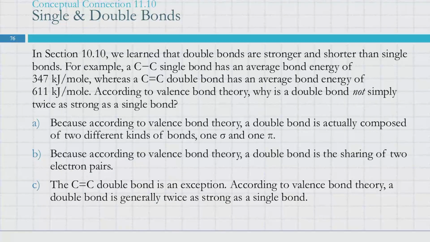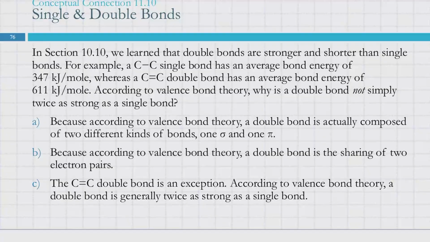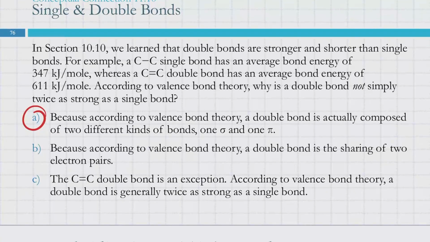That's going to be the pi bond. That's our sideways overlap, and that's not as good an overlap, and so it's weaker than our other type. And so the reason that it's weaker than just double the strength is because we've got the sigma, that's the end-to-end overlap. Sigma can also be thought of as formed between s orbitals, and pi bonds form between p orbitals, p for pi.